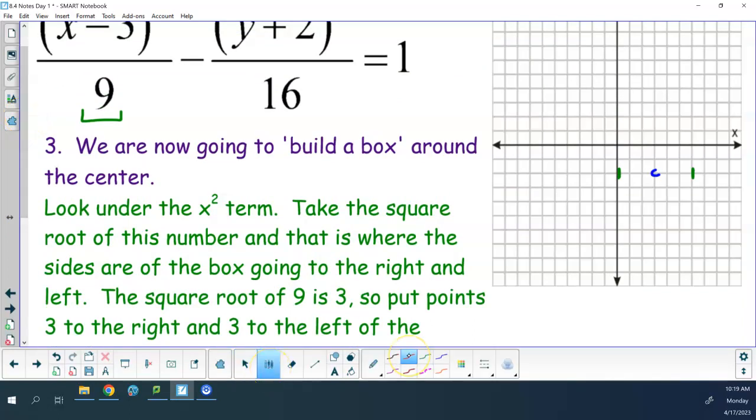So I'm going to go up 4, 2, and 4. Down 4, 2, and 4. So there is the outline of my box. Now, you could dash in your box. So we have now built a box around our center.